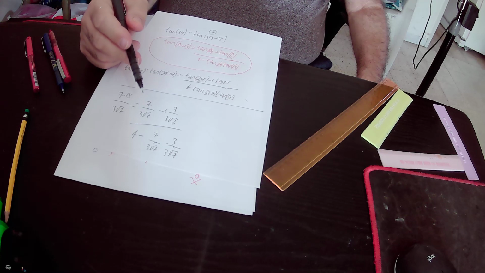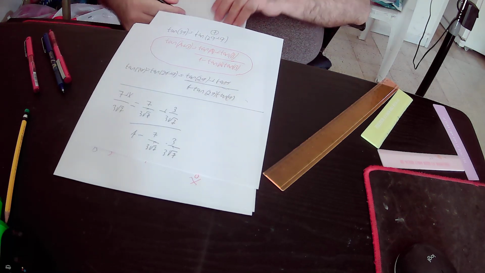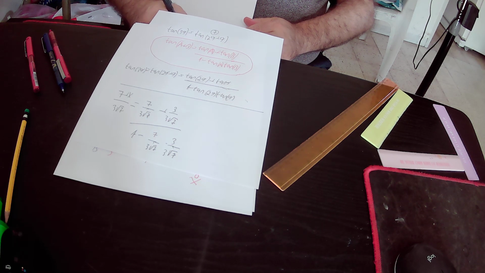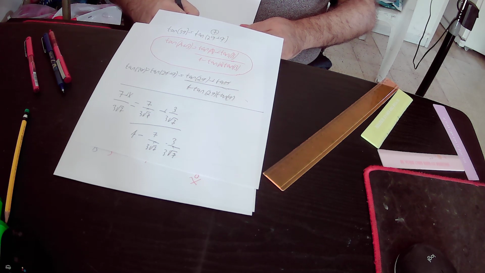Okay, and we will get that 7 plus x over 3 times root 7 equals 7 over 3 times root 7 plus 3 over 3 times root 7.